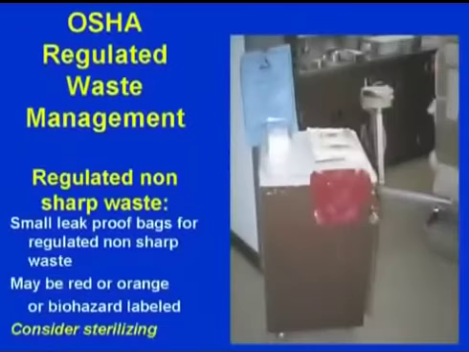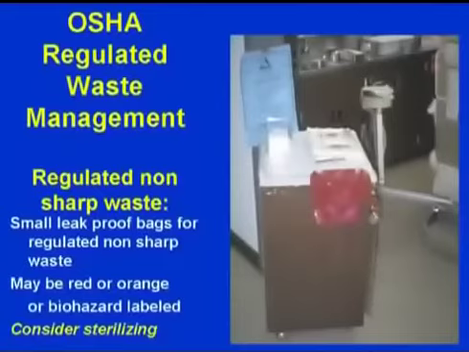As you recall, in this section we have regulated waste. Non-sharps have to be placed into either a red bag, an orange bag, or a bag that has the biohazard label. Remember that regulated non-sharp waste only consists of items that can release blood or saliva upon being compressed.